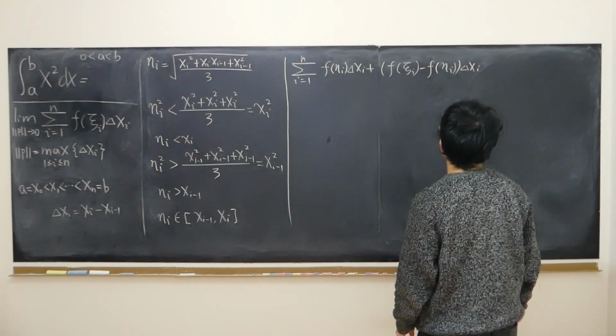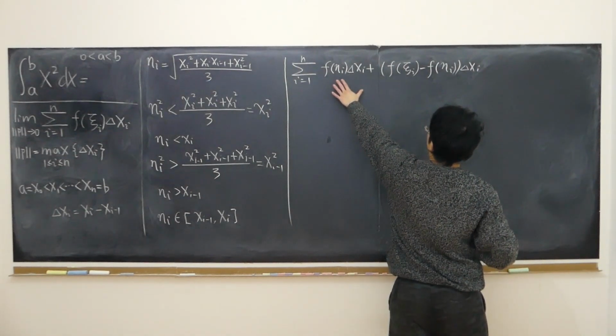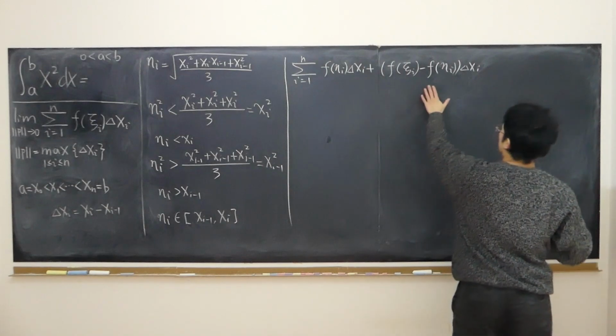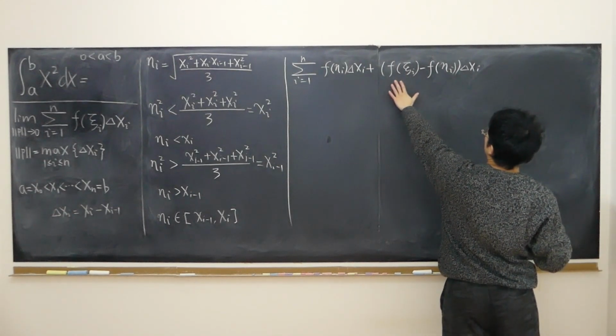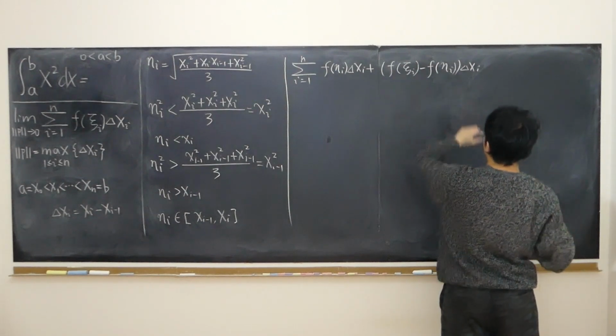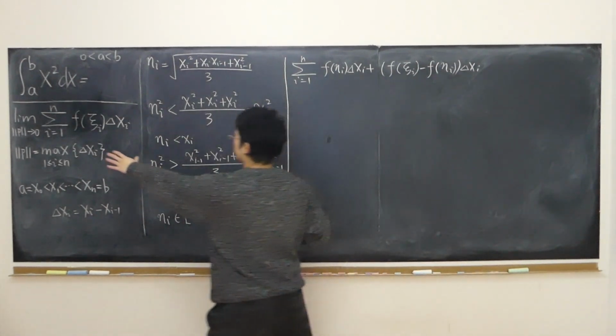It's still the same thing. So f of eta_i delta x_i, here is a minus f of eta_i delta x_i. They cancel out. I'm left with f of x_i delta x_i. So still the same Riemann sum.